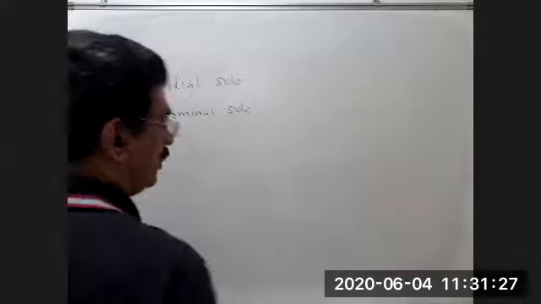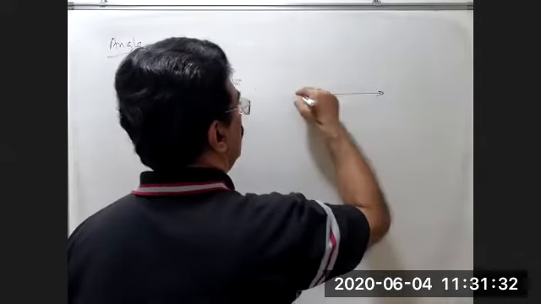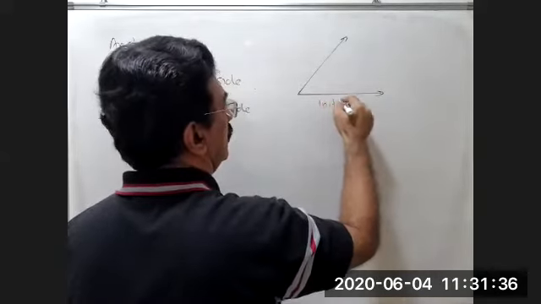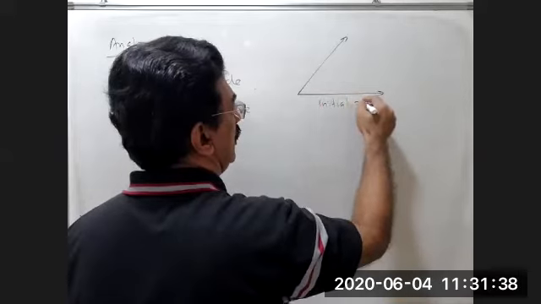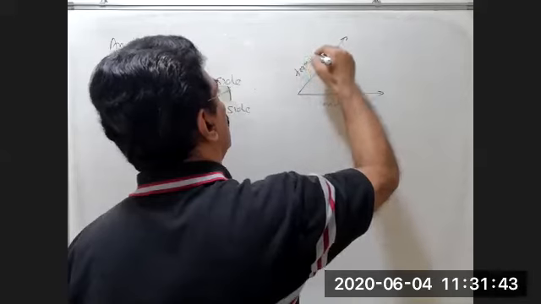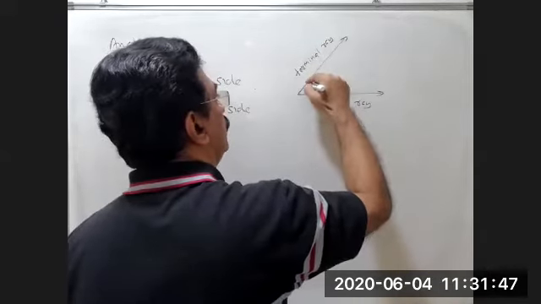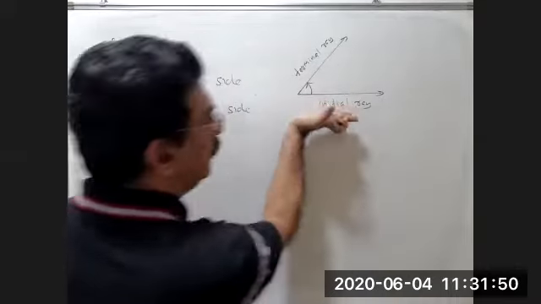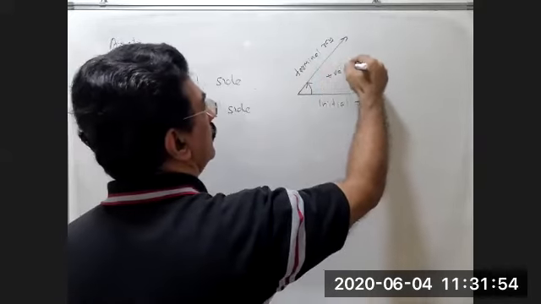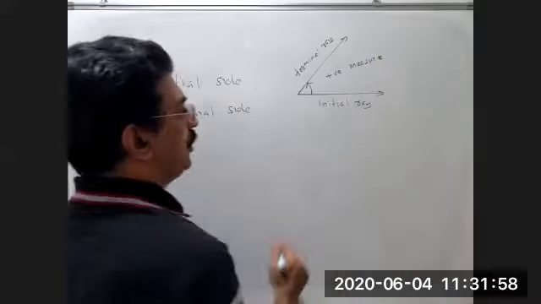Then just draw this figure. This is the initial ray. This is the terminal ray. So put this angle mark. This is positive measure.